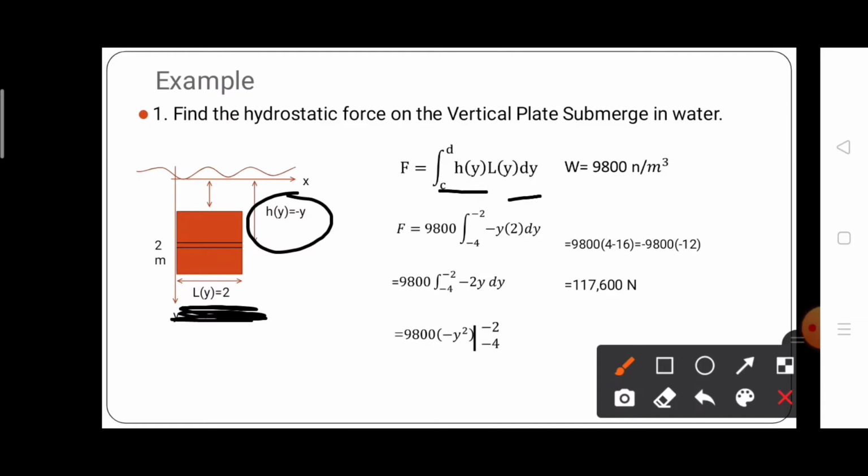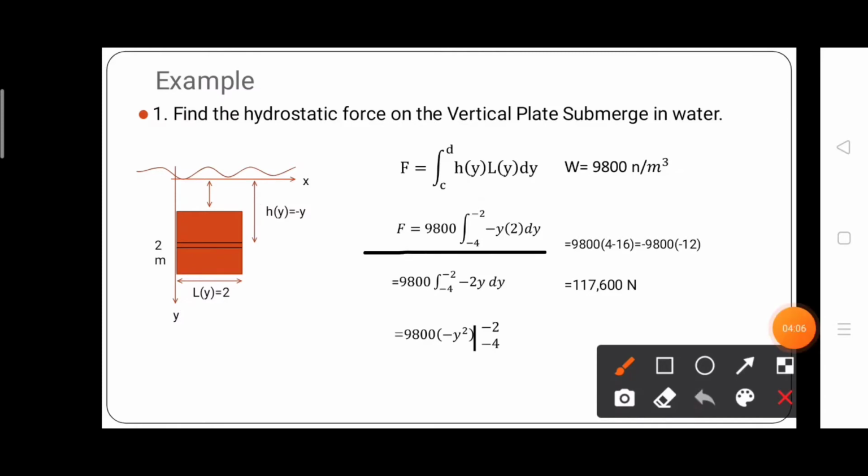So substitute its value. The formula of our hydrostatic force is F, or the force, is equal to the weight density w times the integration from c to d of h(y) times l(y) dy.